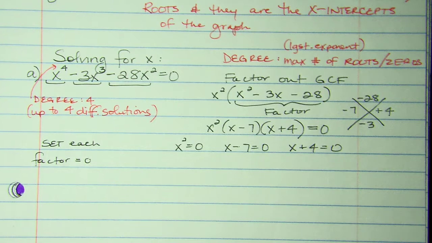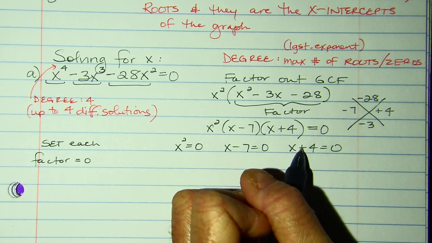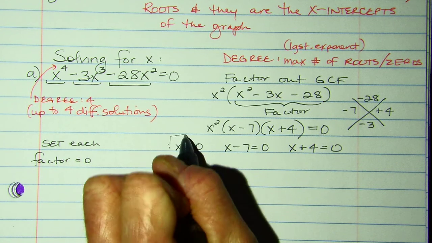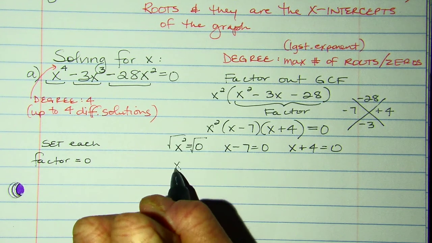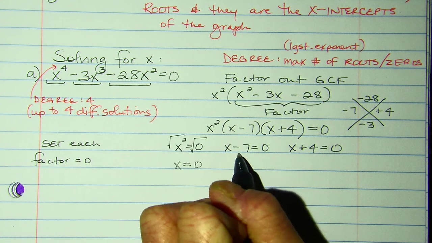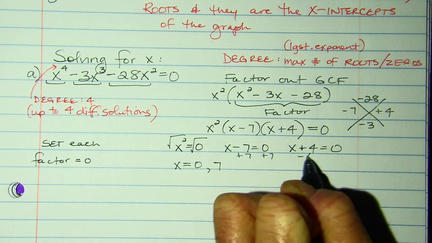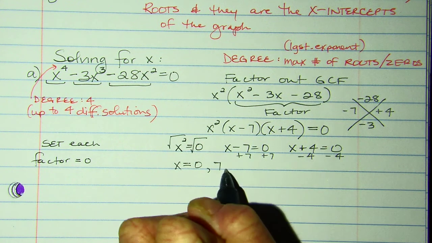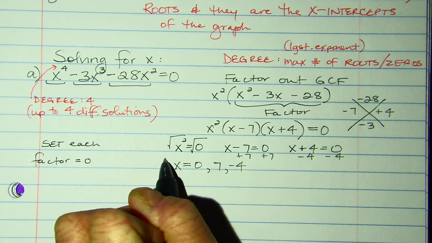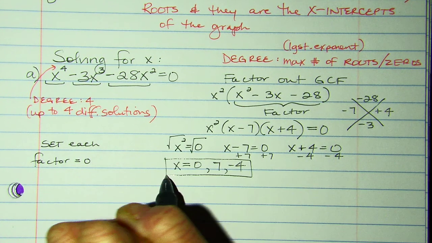Then I'm going to solve each one. If I take the square root here, x equals 0. If I add 7, x equals 7. And if I subtract 4, x equals negative 4. And so there are my 3 solutions.